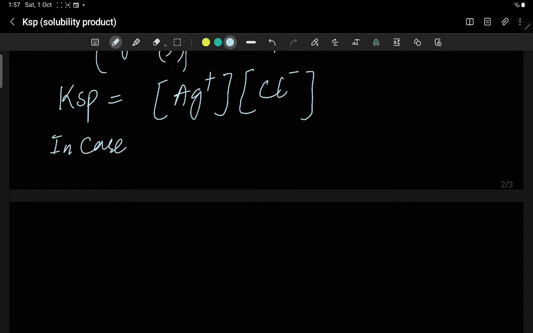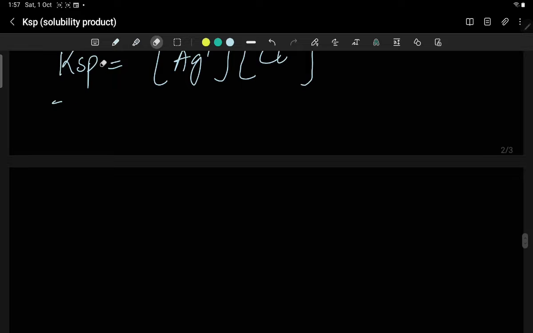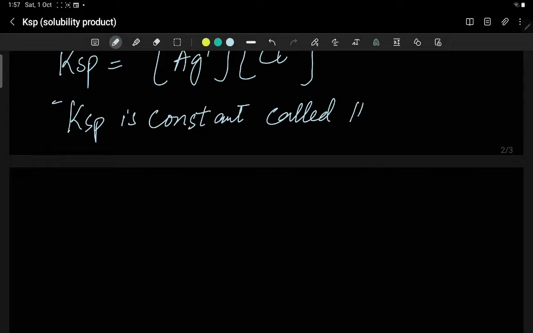Ksp is constant, called the solubility product.